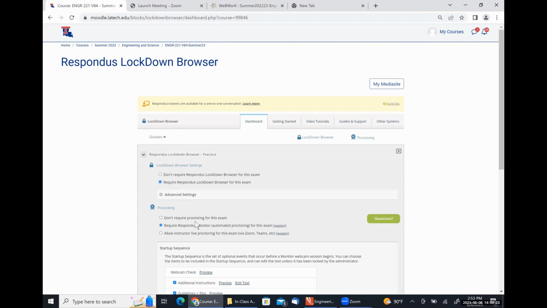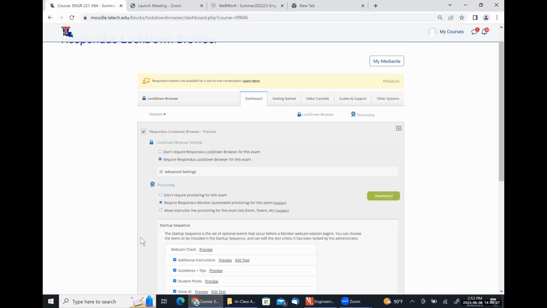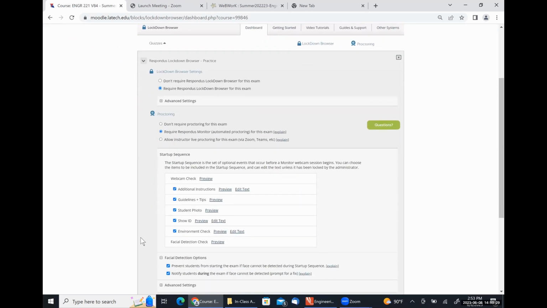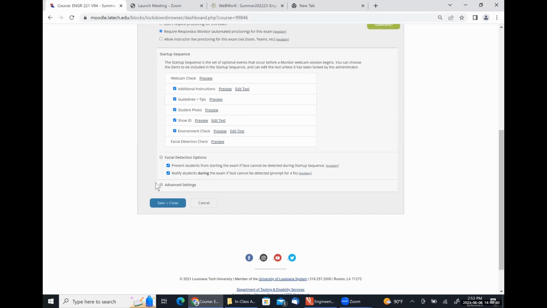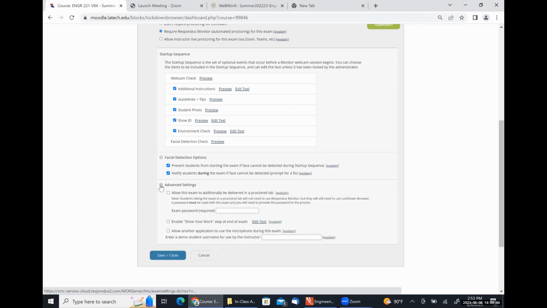Require the lockdown browser for this exam, require automated proctoring. So it's going to run that startup sequence check. It's going to make sure that it can see your face and then notify you during the exam if it can't see your face and all of that kind of stuff. Let me see if there's any other advanced settings that are weird here. No.